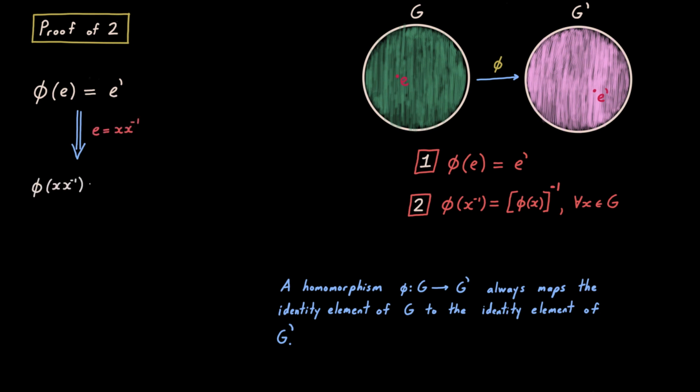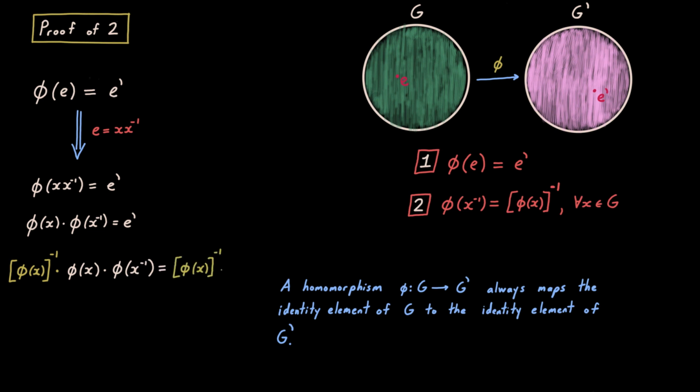E can always be written as x times x inverse, so we stick that in there. Utilize group homomorphism properties to break up that left side into a product of two things. And now again, we utilize left side multiplication by the inverse of phi x. And that guy right there is the identity element of G prime.